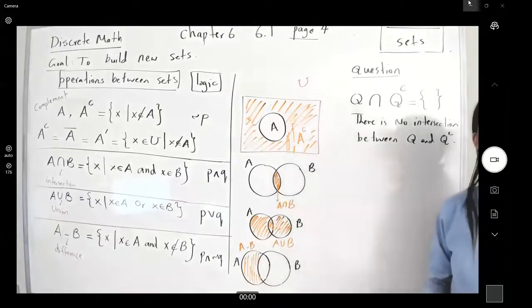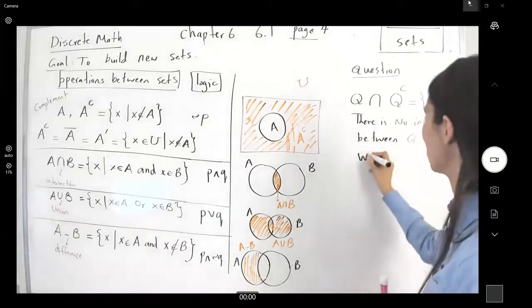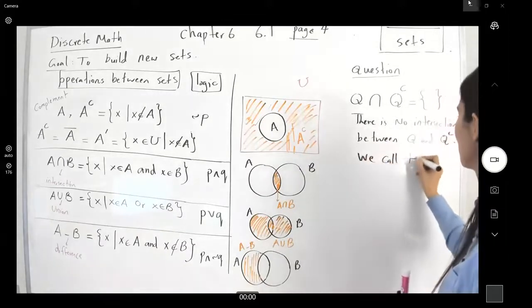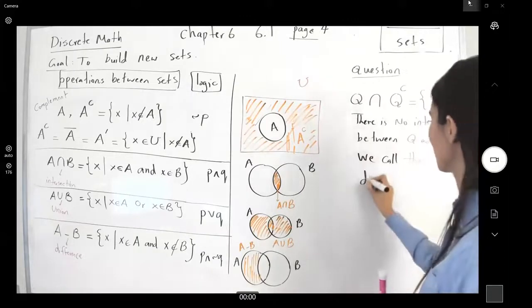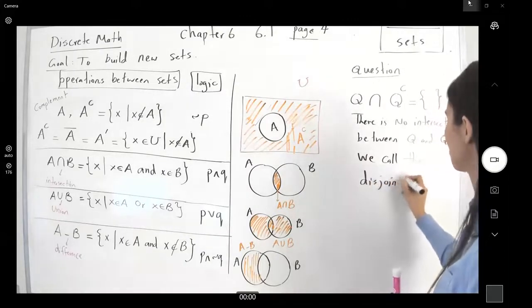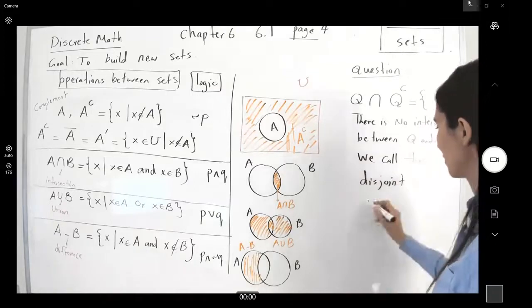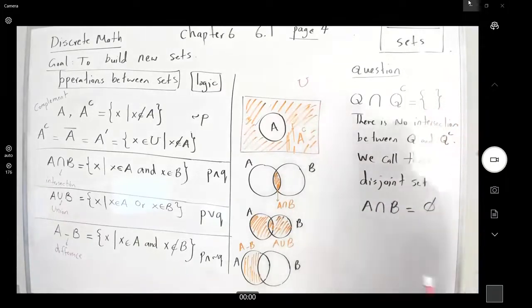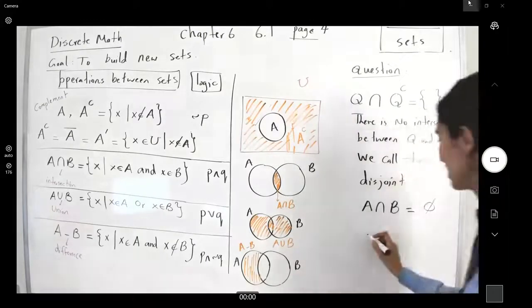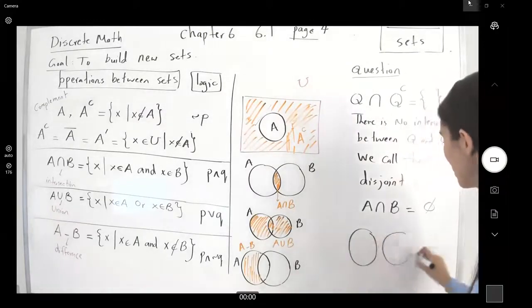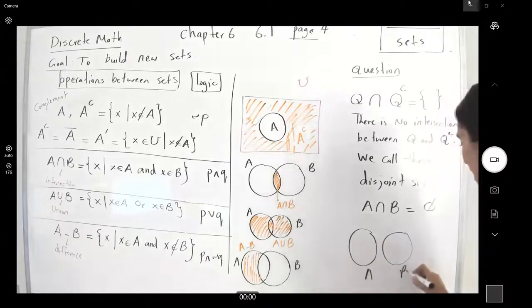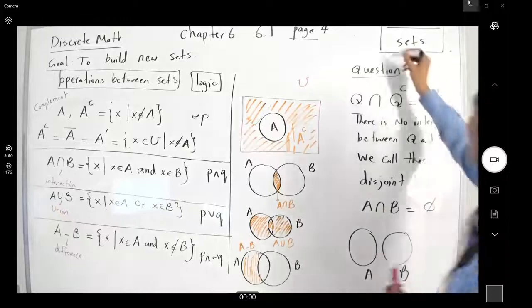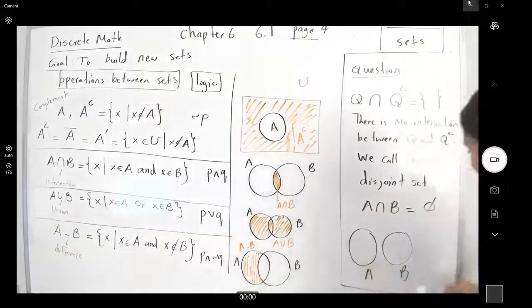We say that these two sets are disjoint from each other. We call these disjoint sets. A intersection B is empty, it means that there is no intersection between A and B. Awesome.